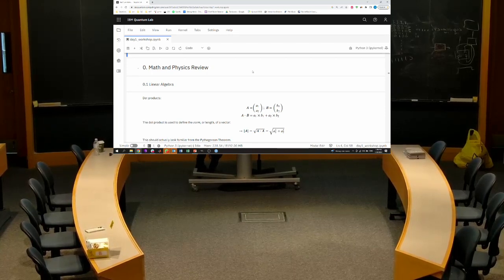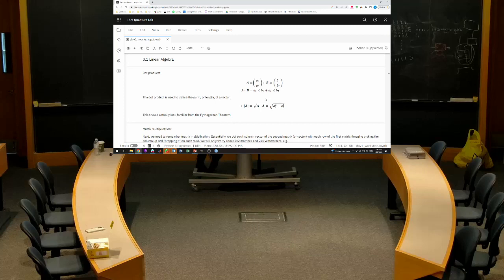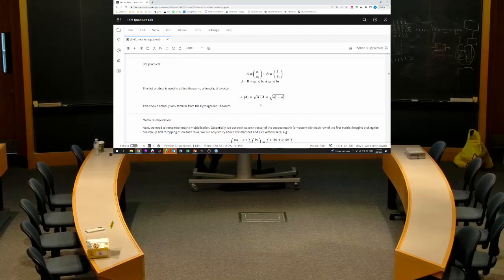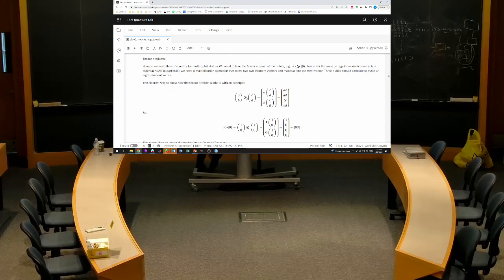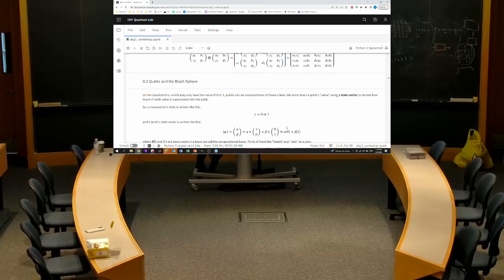Now we have a review of what we discussed in class. If you want to read it again and see all the things that we mentioned, like how you multiply matrices, how you do a tensor product, which we didn't talk about, but this is the mathematical description of entanglement. This is how you write it down.